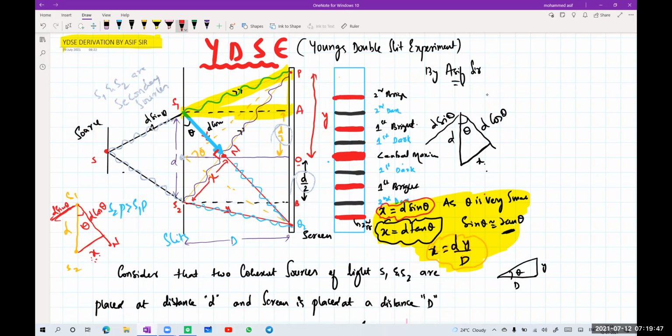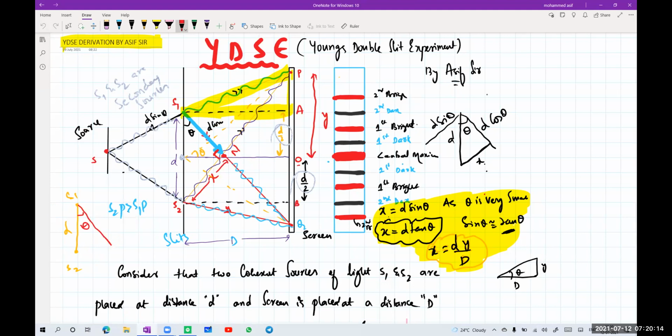So x will be equal to d tan theta. From the figure, from this triangle, tan theta will be equal to y by D. So x is equal to d into y by D. From this one, I can calculate the value of y. So y is equal to x into capital D divided by small d. Okay, so that was the basic understanding of your YDSE experiment.